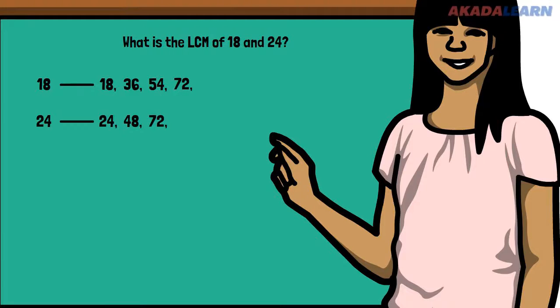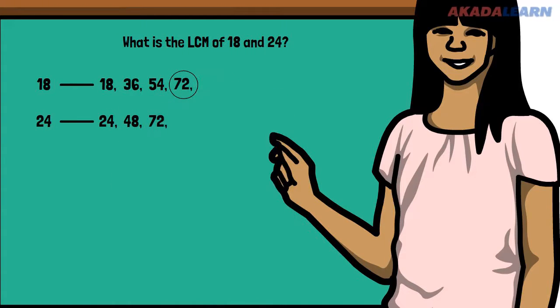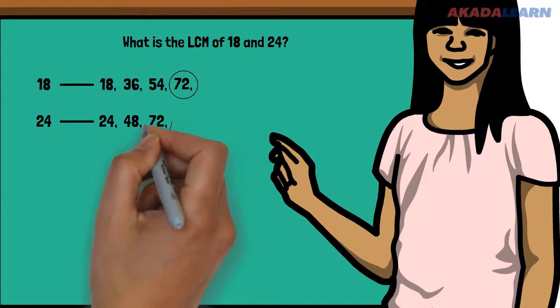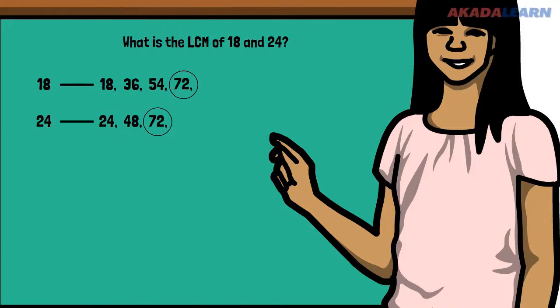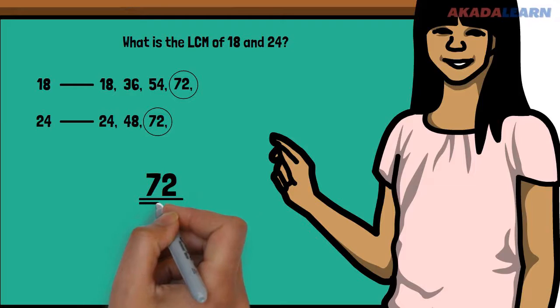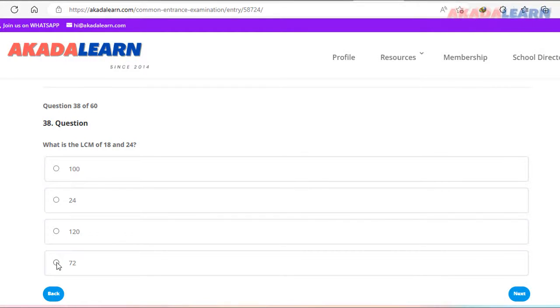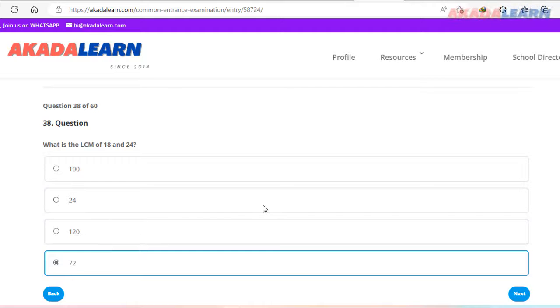Now we can see 72 in both 18 and 24, which is the first among them. So therefore your answer is 72, since it came first here and it came first there, which is the lowest common multiple. So that's your answer, 72. And of course from there we can see the answer is 72.